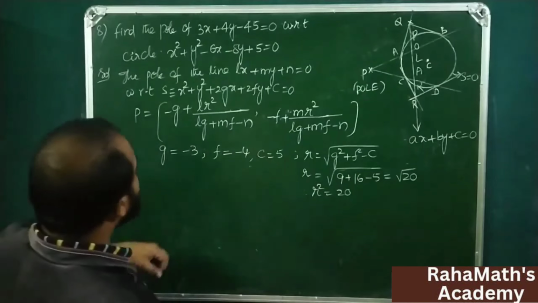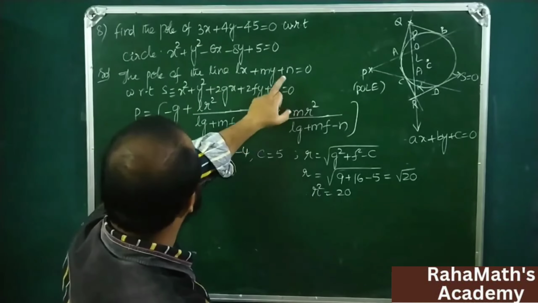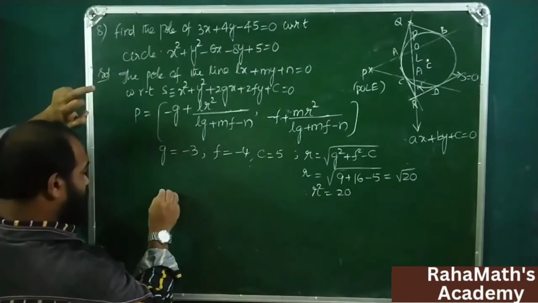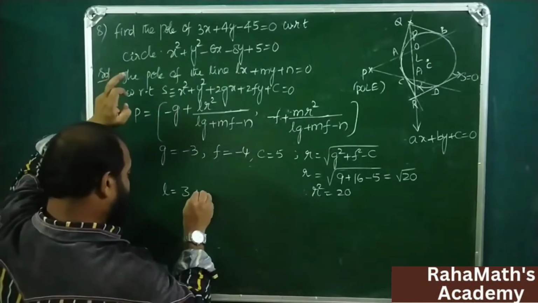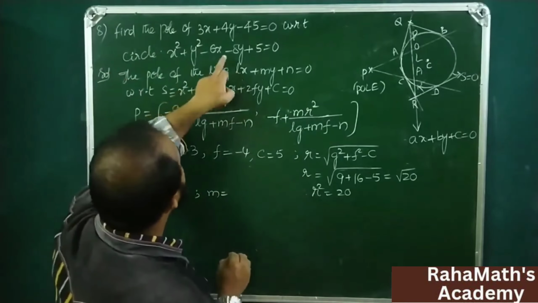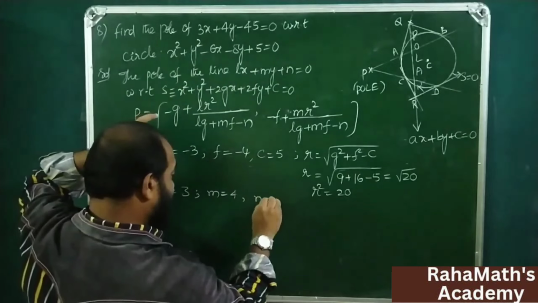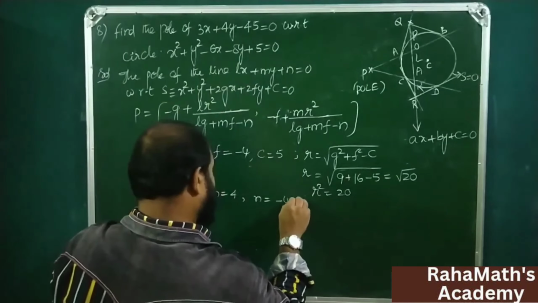So here lx plus my plus n equals 0 is to be compared with this. So l equals 3, m equals 4, n equals minus 45.